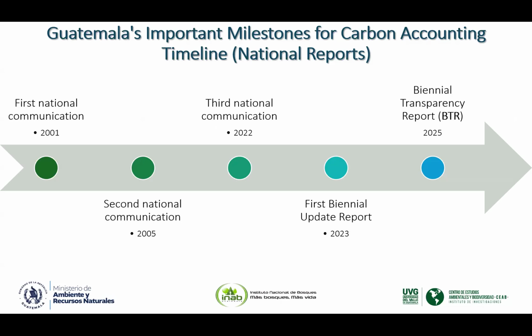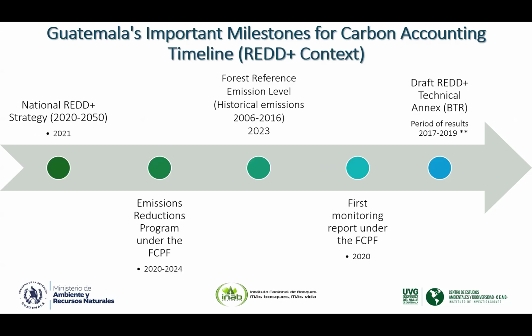This milestone is at national level, but in the REDD context, Guatemala has an important milestone for the accounting timeline, because Guatemala has a national REDD strategy that covers 2020-2015, and also an emission reduction program under the Forest Carbon Partnership that covers 2020-2014.